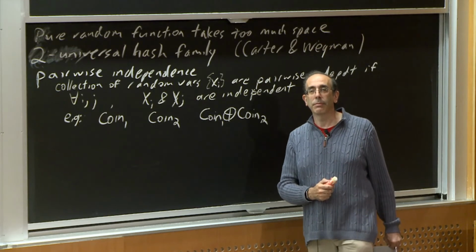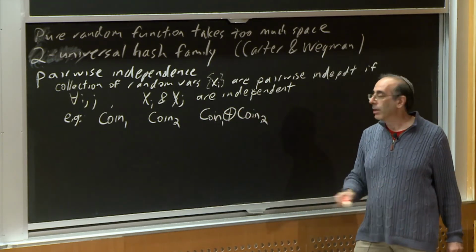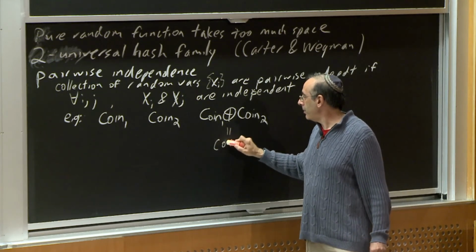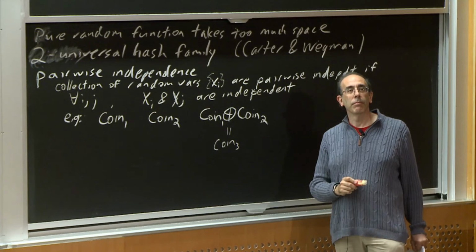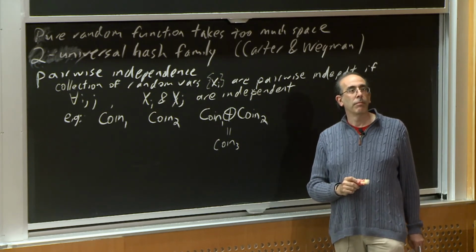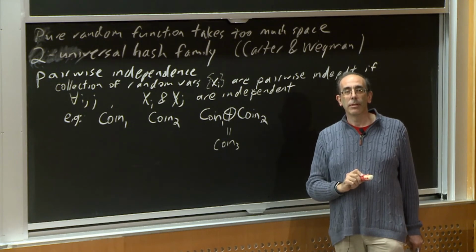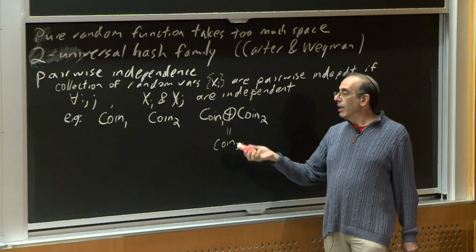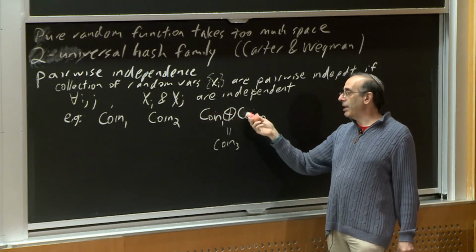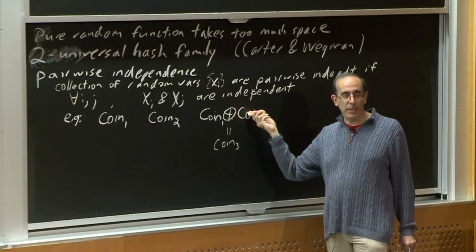Why is that? Yes? Regardless of the value of coin 1, there's a 50% chance of either outcome. Exactly. Since I'm XORing the coins, whatever coin 1 is, there's a 50% chance that coin 3 is the same, and a 50% chance that coin 3 is the opposite.